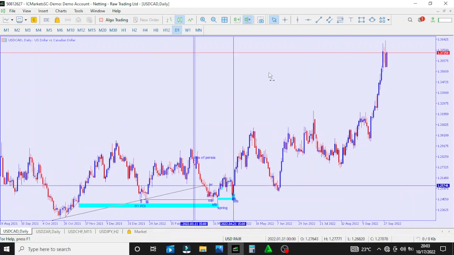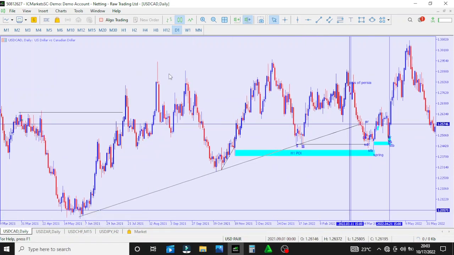And another thing, you see higher high, higher low, higher high, higher low, higher high. Even if the market manipulated this trend line, it didn't break the daily structure, it's still bullish, because this is an internal structure, because it didn't create a new high.